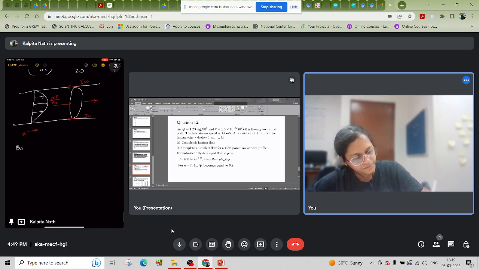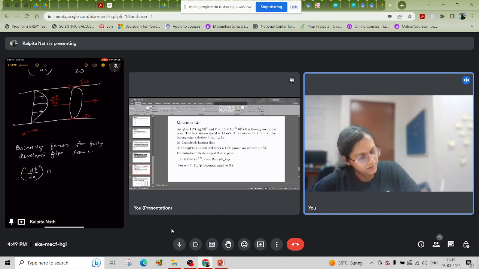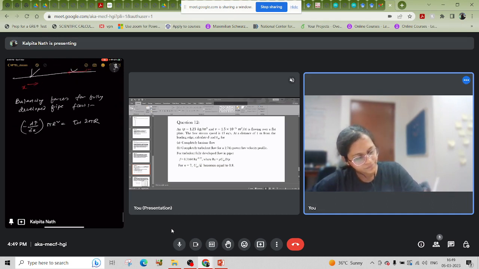Now balancing forces for fully developed pipe flow, dp dx pi r square is equal to tau w 2 pi r, or minus dp dx is 2 tau w by r.